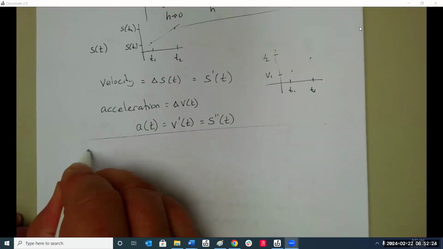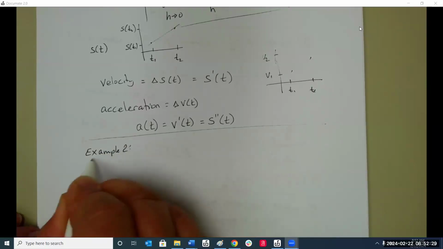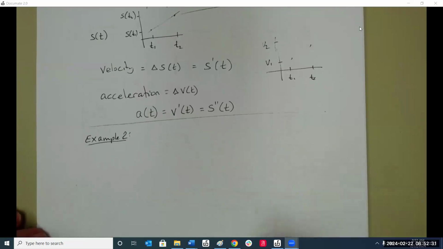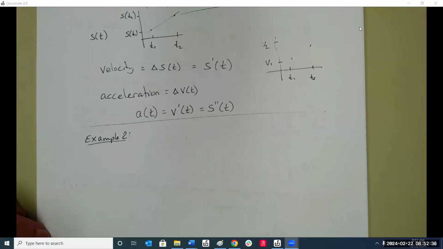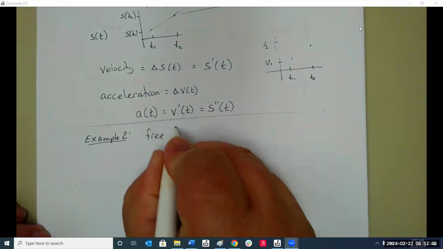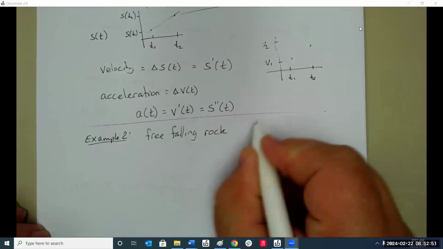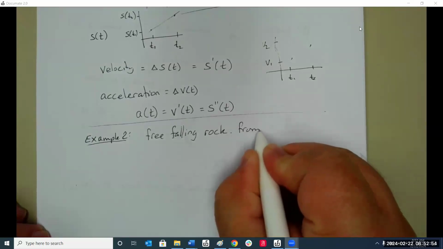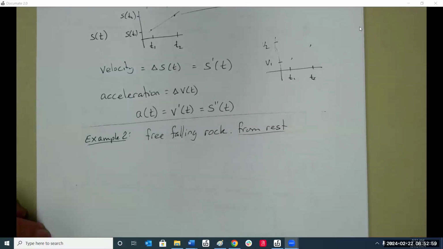Let's look at example 2. In examples 1 and 2 of section 2.1, we study the speed of a free falling rock from rest. Okay, you have a free falling rock from rest. This is important, because it tells us its initial velocity.